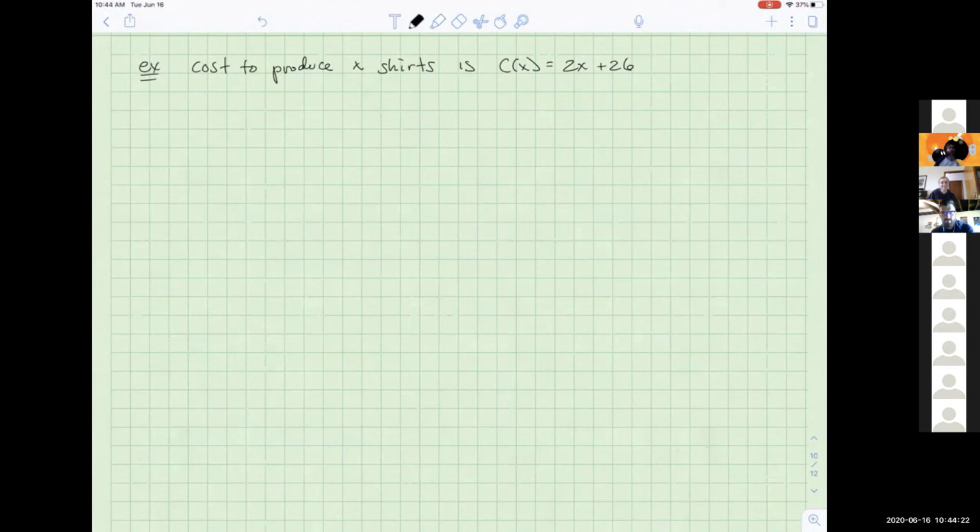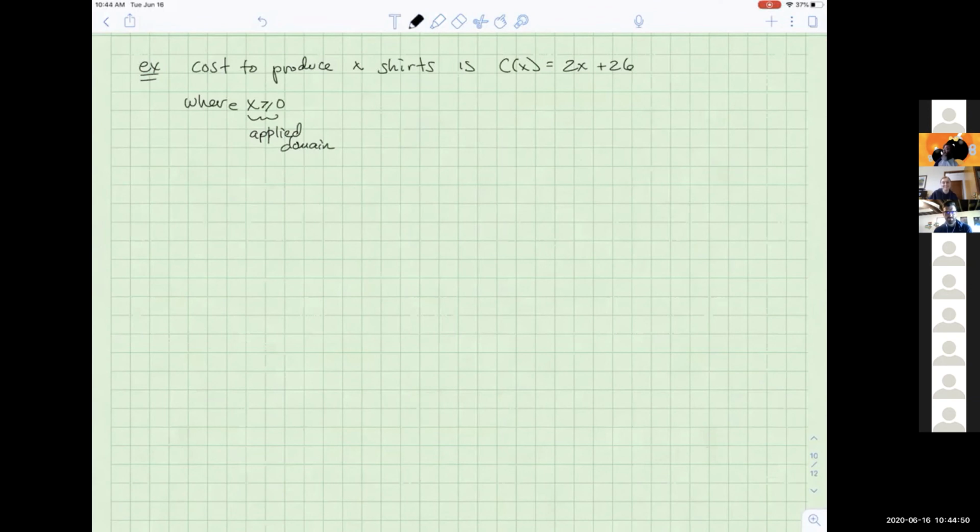Anyway, that's our cost function, where X is greater than or equal to 0. This is an applied domain. That is to say, the cost function is a simple polynomial. There's no division by zero. There's no radicals involved. But since this is an application, we're not going to be producing a negative amount of t-shirts. Otherwise, everybody's going to be naked.